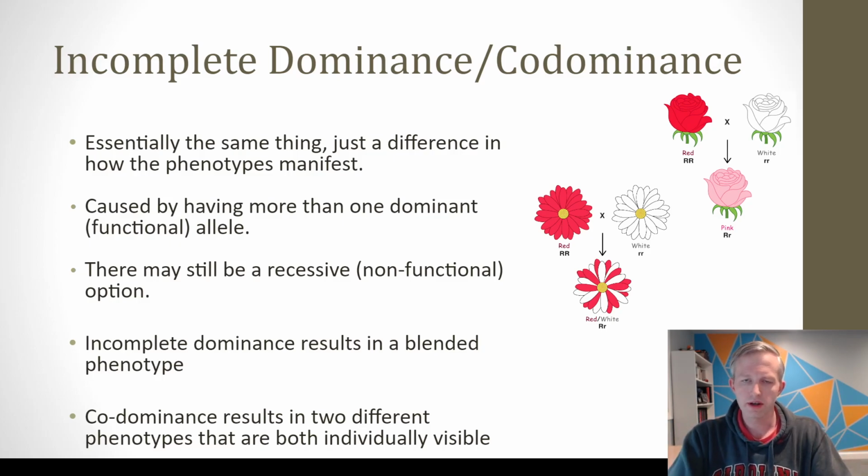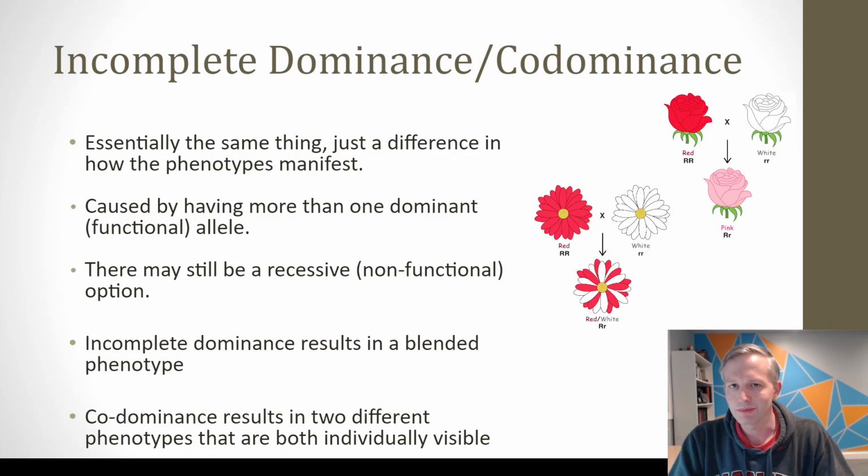If you zoomed in on those flowers, you would find that they have both the proteins that cause the red coloration and the proteins that cause the white coloration. When you zoom out, you see the effects of both of those blended together. That's incomplete dominance, and the name implies that neither one is really more dominant than the other.